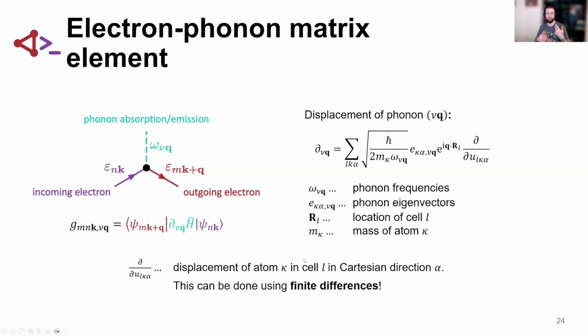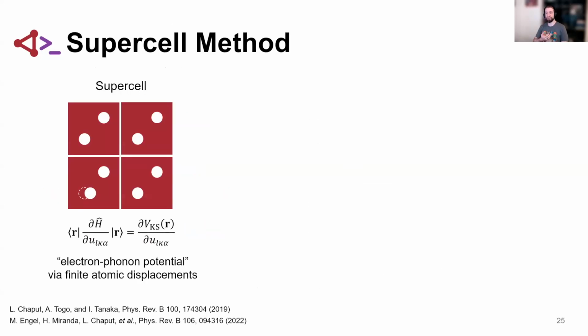And this is what we do in VASP. We start in a supercell where you have the replica of a particular primitive cell here illustrated as these red squares. And in one of those replicas, we take an atom and we displace it by a small amount.